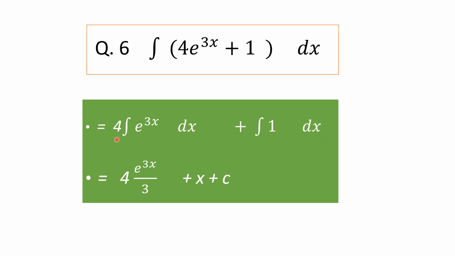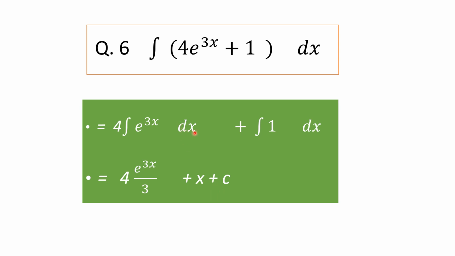Now, in the answer, the 4 will come as it is, multiplied by the integration of e power 3x. The answer is e power 3x divided by the coefficient of x, which is 3. So this 3 will feature in the denominator. Now what is the integration of 1? The answer is x. One thing I would like to tell is that this c will just come once in the answer.